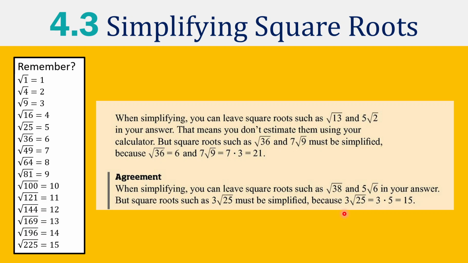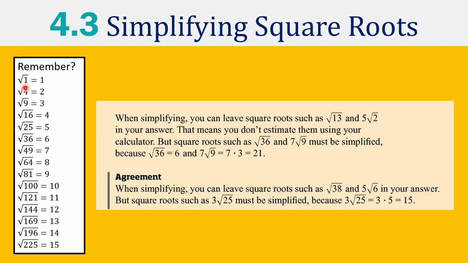Let's practice. Before practicing, one small thing. When you have roots that you cannot calculate mentally, for example, root 38 and root 6 here, then you leave them in your answer. But if you can calculate them, you have to. Which ones are you able to calculate? Well, at least those here, I hope, because you already know this list: 1, 2, 3, 4, 5, 6, up to 8, 15 squared give me this number.